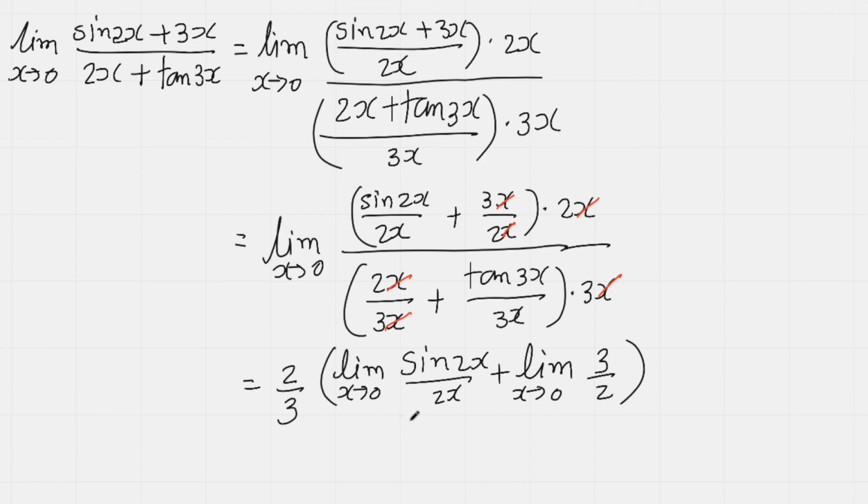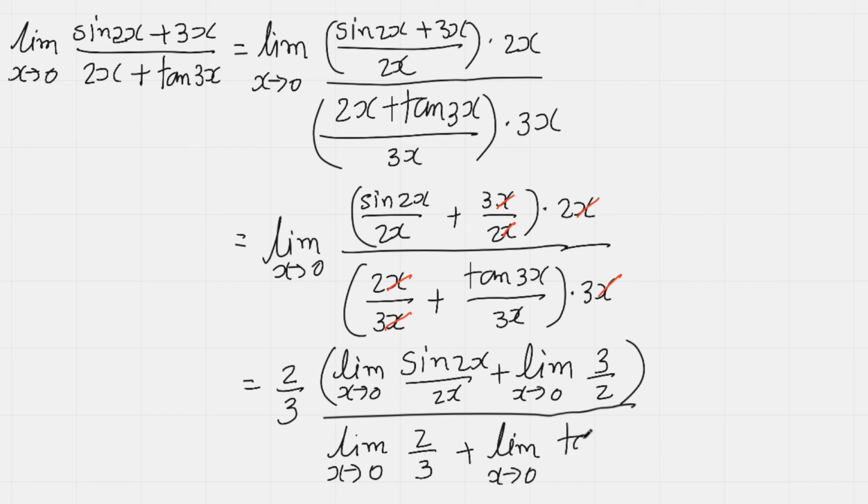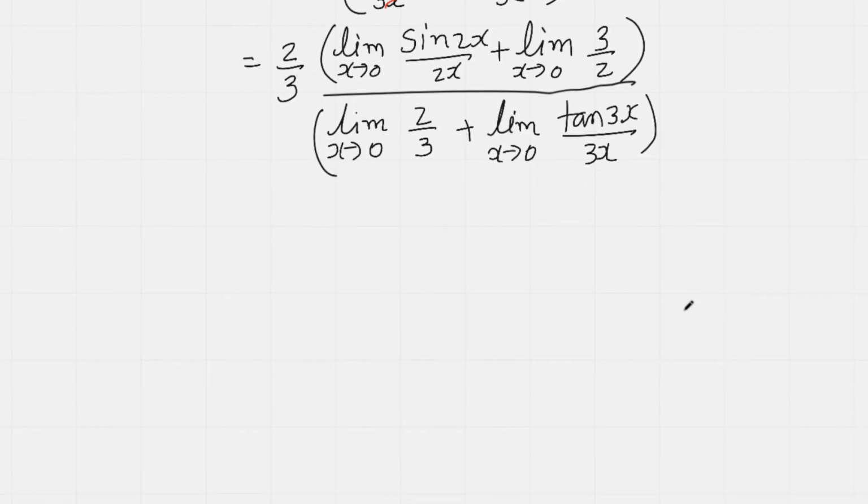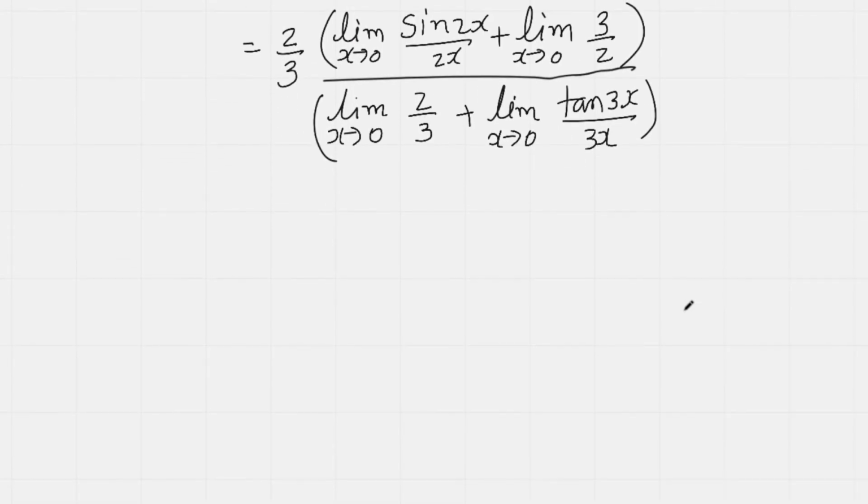whole divided by limit x approaches 0 2 over 3 plus limit x approaches 0 tan 3x over 3x. Now we have the formula for the limit of sine theta over theta as theta approaches 0.